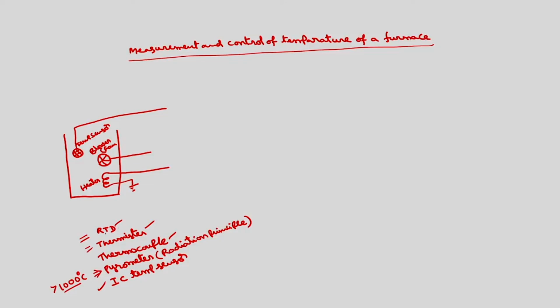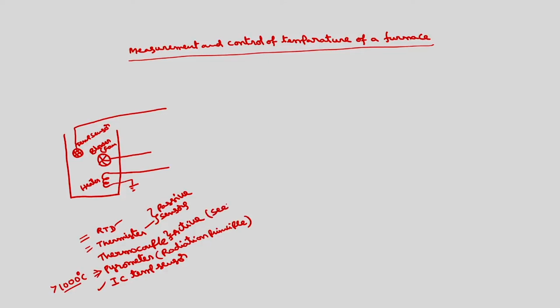Now again, between these sensors, RTD and thermistor are called passive sensors, and the thermocouple is active. The difference between active and passive sensors is that in the case of an active sensor, the temperature directly produces the voltage. This operates on the principle of the Seebeck effect.